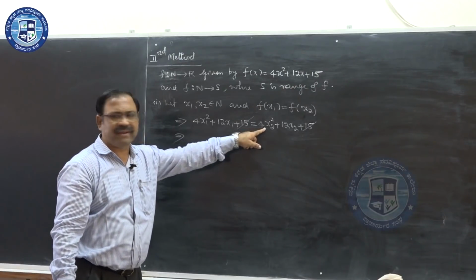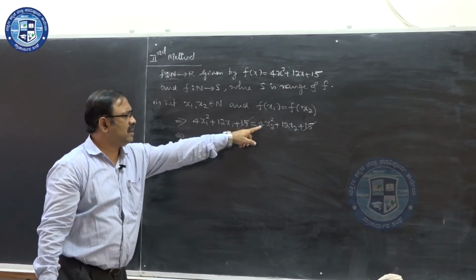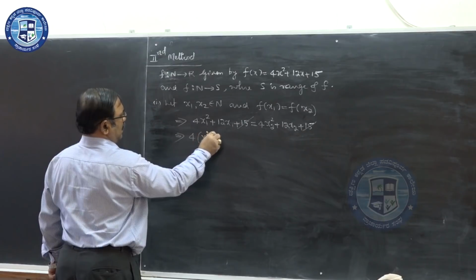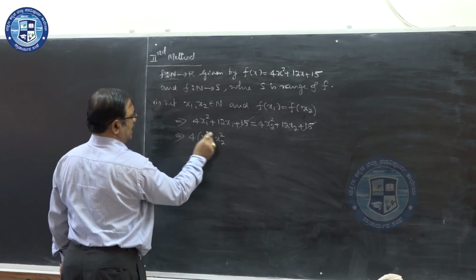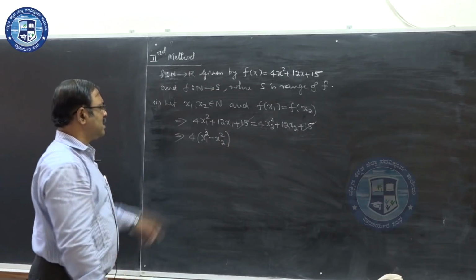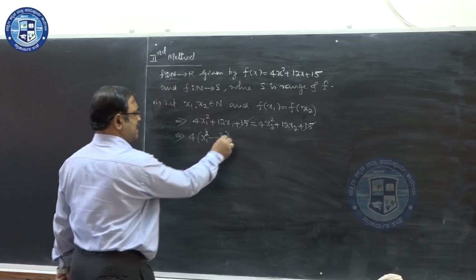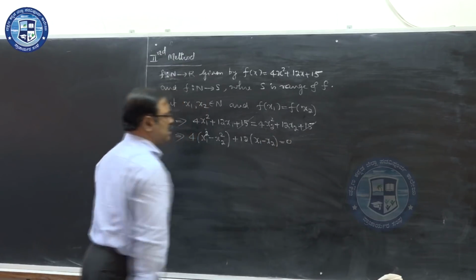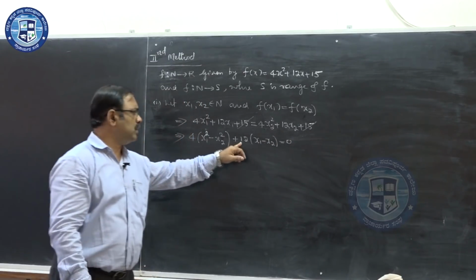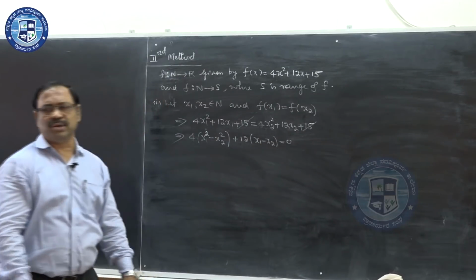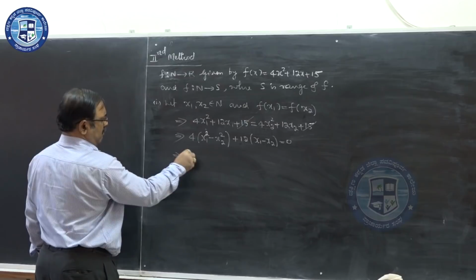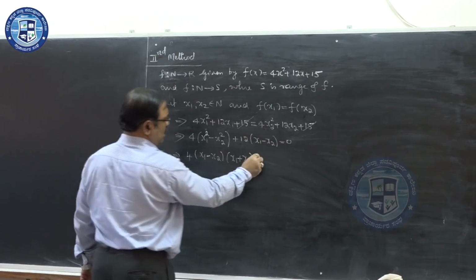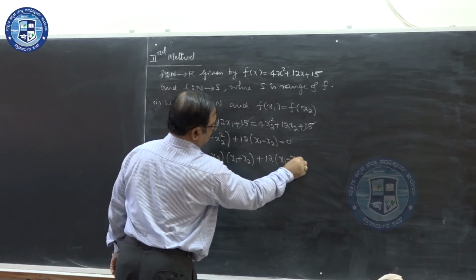Now, 15 can be cancelled. Bring these terms to the left hand side: 4x1 square minus 4x2 square, I write it as 4 into x1 square minus x2 square, plus 12 into x1 minus x2 equal to 0. That is 4 into x1 minus x2 into x1 plus x2, plus 12 into x1 minus x2, equal to 0.